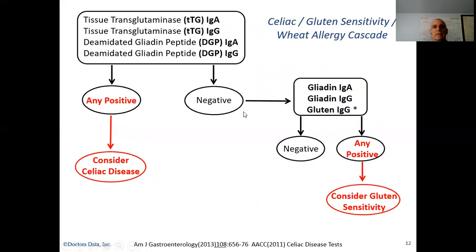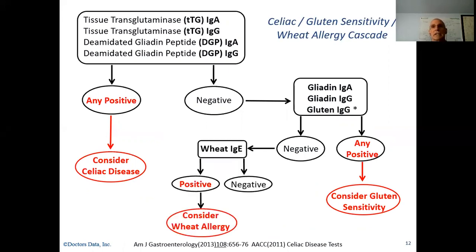If those are negative, then we look at the antibodies towards the antigens, IgA, IgG to gliadin, and IgG to gluten. If any of those are positive, and we don't have positive antibodies for the tissue damage, we should consider gluten sensitivity. Now, if none of the antibodies to the antigens are positive, then we look at IgE for wheat, which if positive will tell us that there is a true wheat allergy.